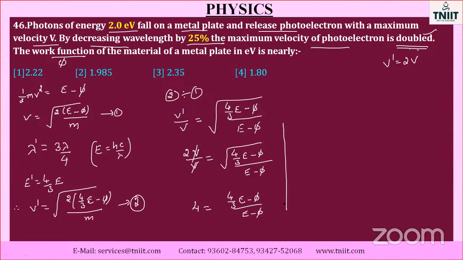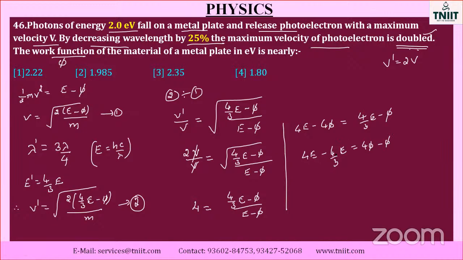On cross multiplication, 4(E minus phi) is equal to 4/3 E minus phi. So 4E minus 4/3 E is equal to 4 phi minus phi.